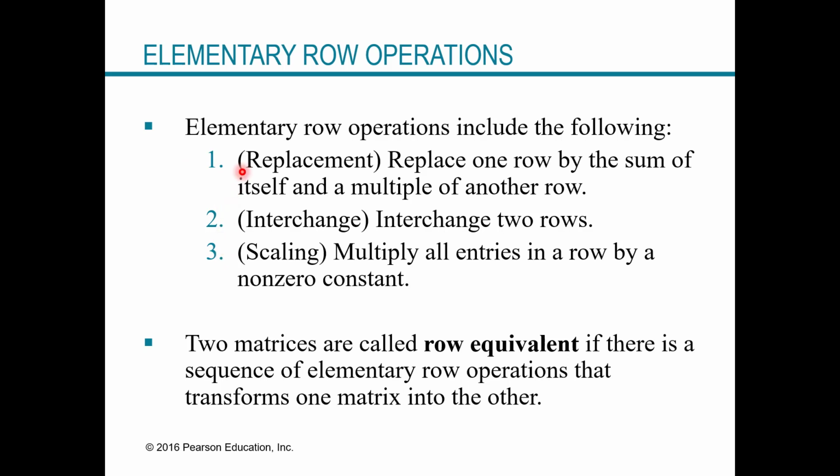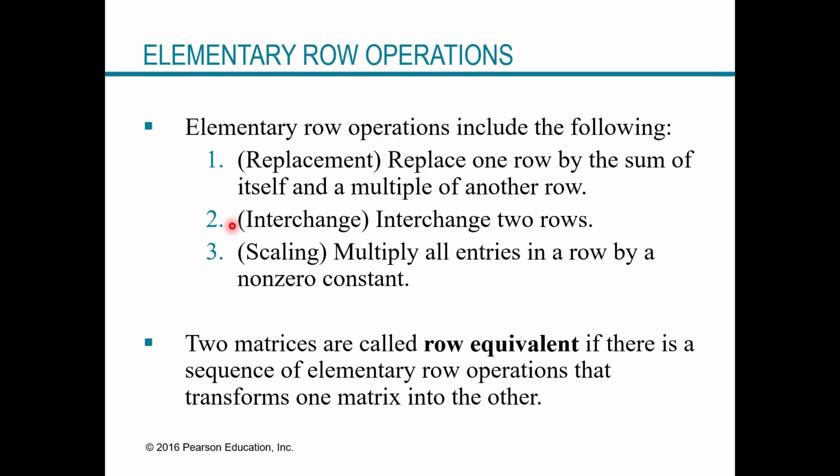Replacement is when you replace one row by the sum of itself and a multiple of another row. We did this quite a few times. We multiplied a row by a number, and then we added it to another row, and then we used that resulting equation to replace one of our original rows. So that's replacement.